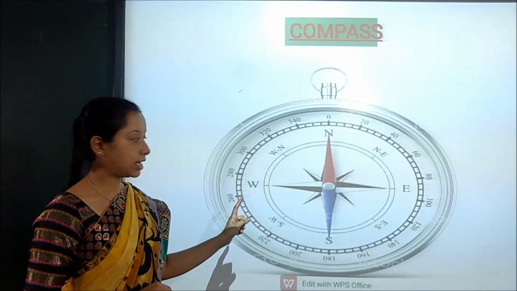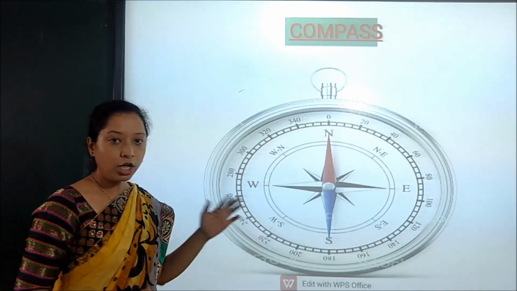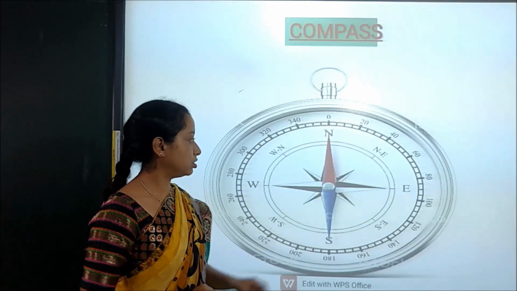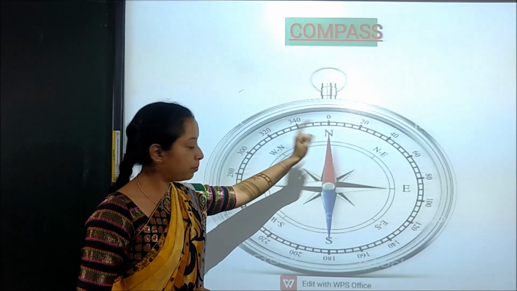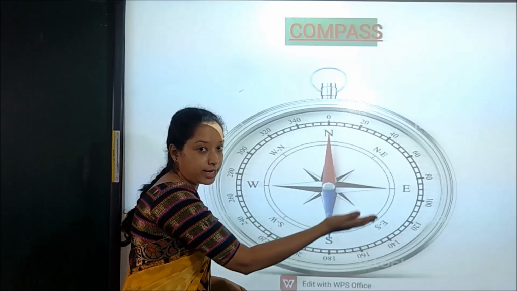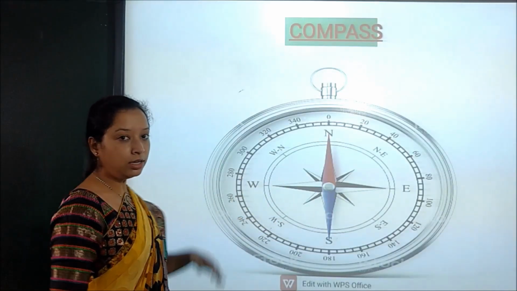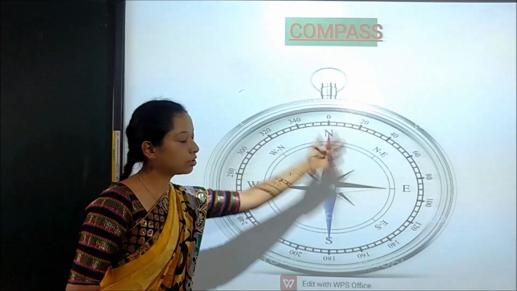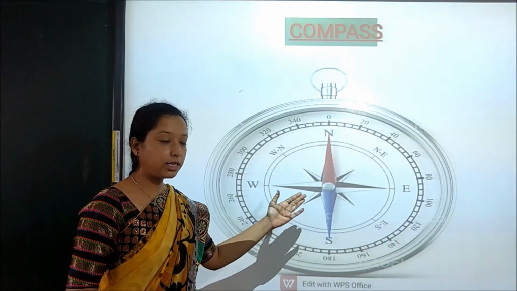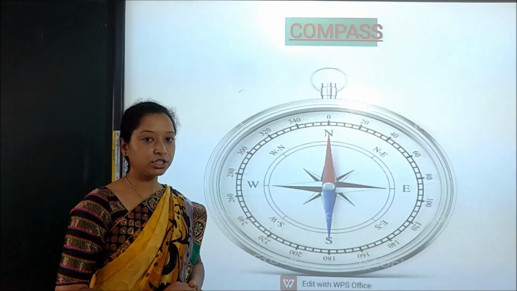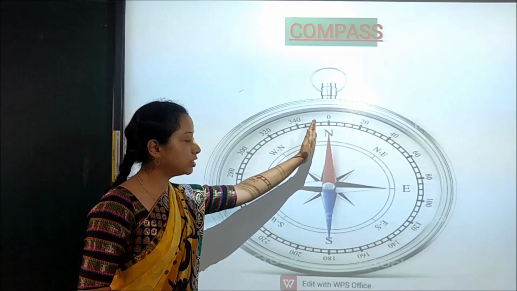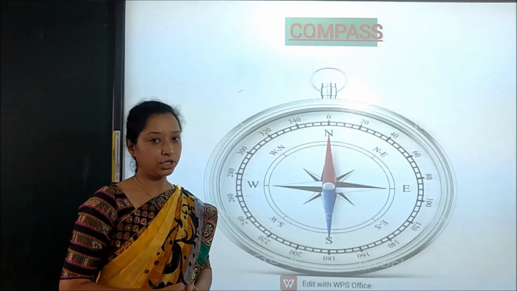Here you can see the 4 major directions: north at the top, south at the bottom, east towards our right side and west towards our left side. So this is called a compass, and sailors use it to find direction. The needle of a compass always points towards the north direction.